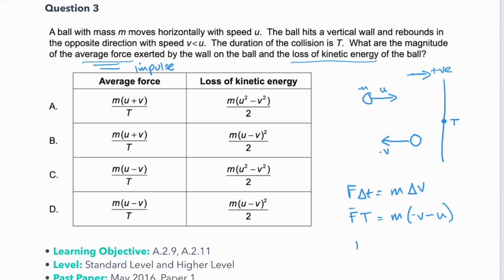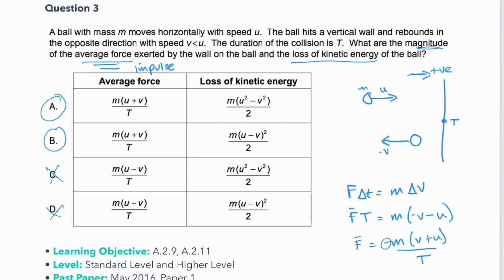So F is equal to m, let's take that minus out there, (v plus u) over t. And really that minus just means the direction the force is in. So the magnitude of the average force is equal to m(v plus u) over t. So it's either A or B, it's not C or D.